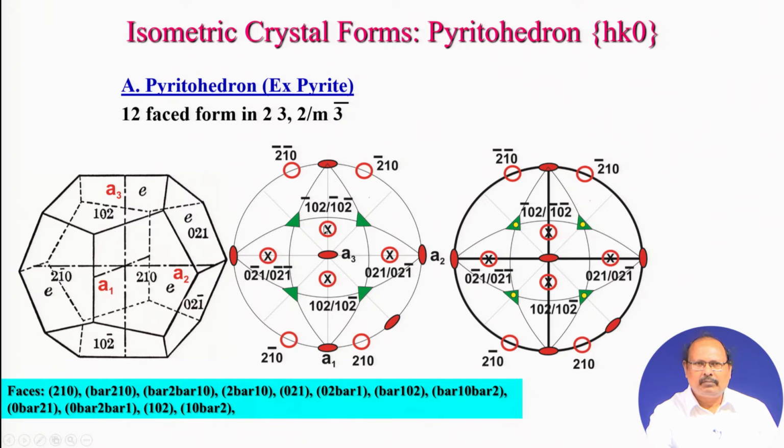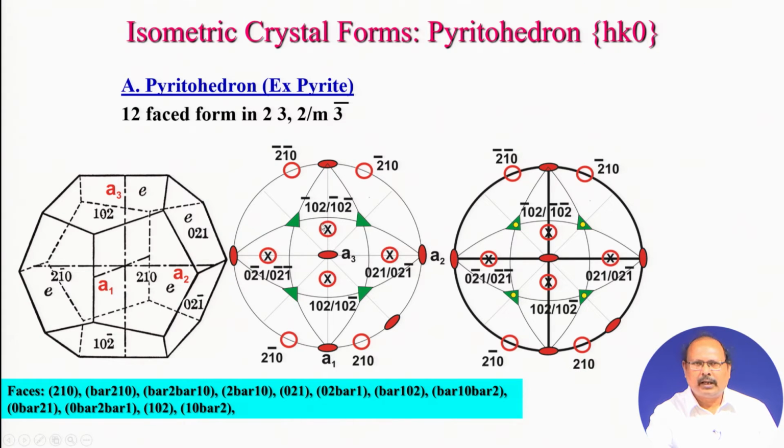And what will be the symbol of this crystal face here, which lies in the zone between 001 and bar 1 0 0? This position at the midpoint will be bar 1 0 1.